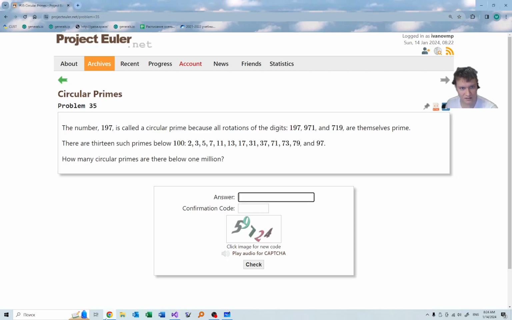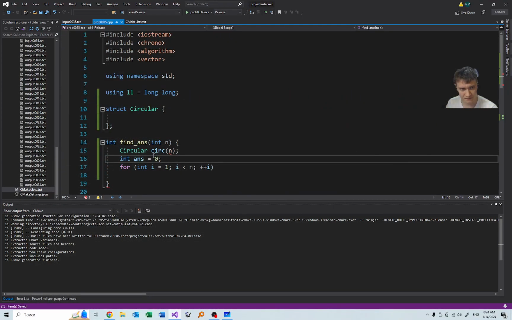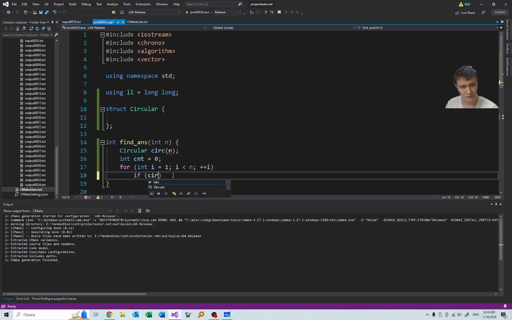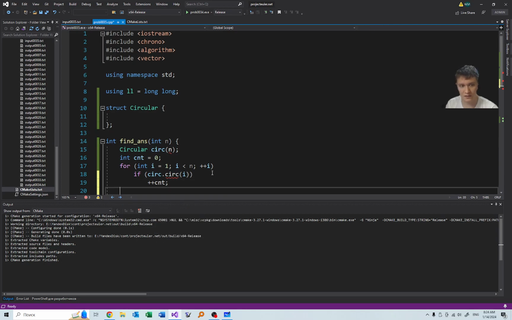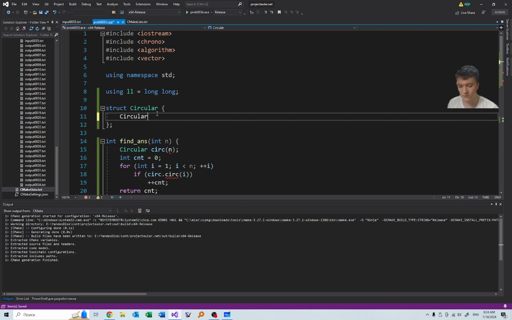We need to find the sum of all. How many? So if number i is a circular prime, we add 1 to cnt and we return cnt. Let's construct the circular check.